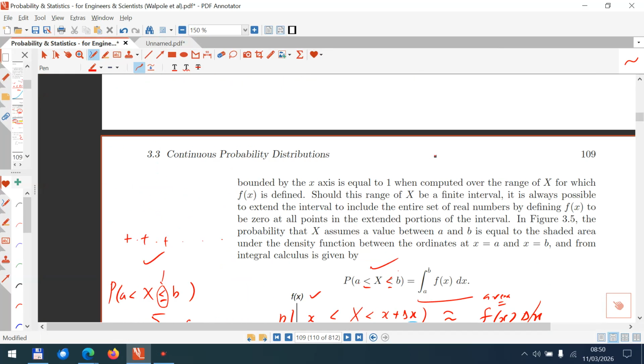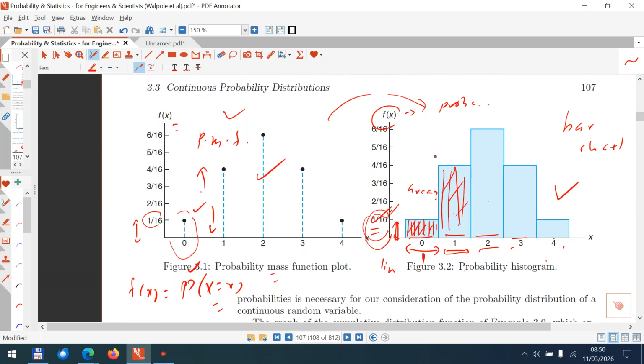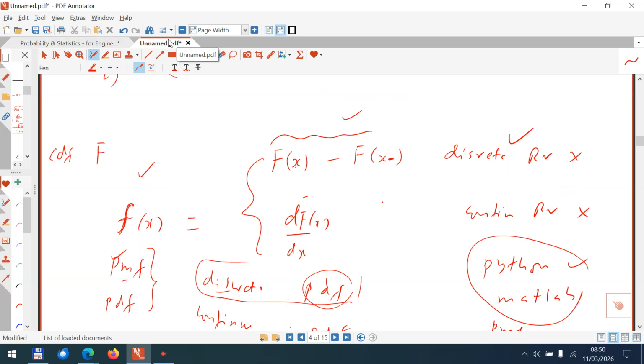Let's look at that plot again. You can draw this plot even for a discrete random variable, right? So what you do is keep the area as 1. Because you make it 1 forcefully, you can still call it density. So what they do is think of the formula here.